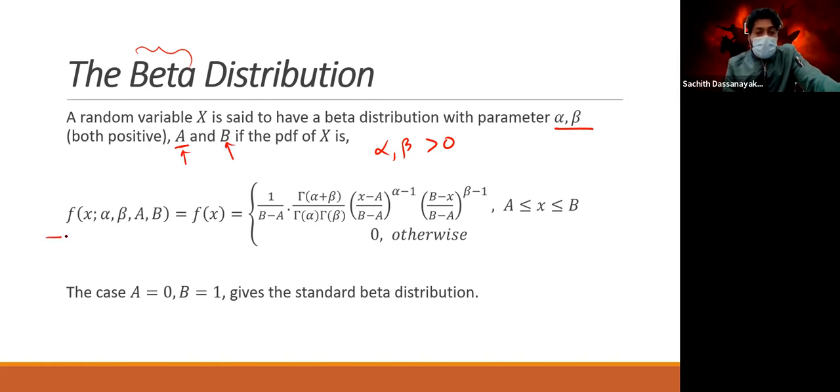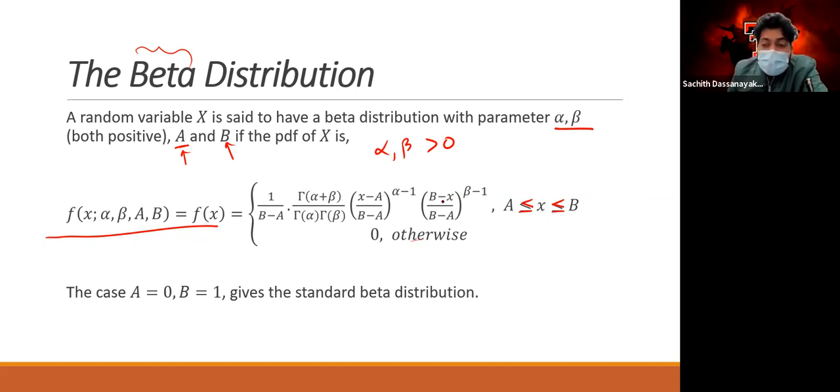Once we define the CDF of the beta distribution, for all x values within the range A and B, the distribution is defined. So the distribution is like this.